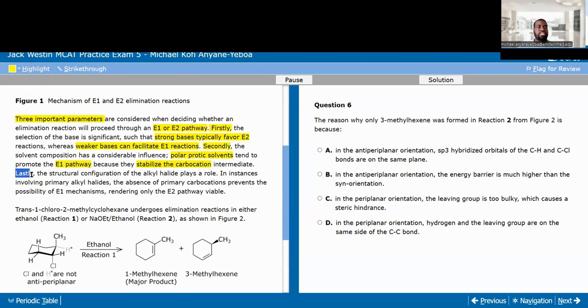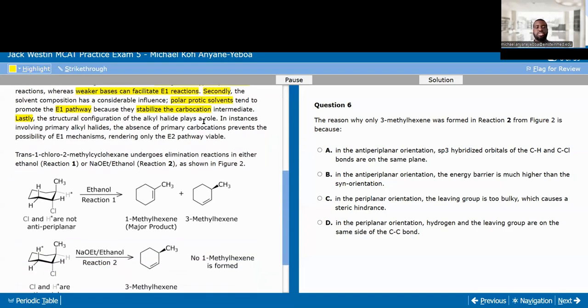And then lastly, the structural configuration of the alkyl halides plays a role. So structural configuration is the last thing to think about. In instances involving primary alkyl halides, the absence of primary carbocations prevents the possibility of the E1 mechanism, rendering only the E2 pathway viable.